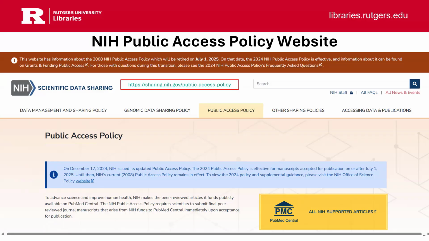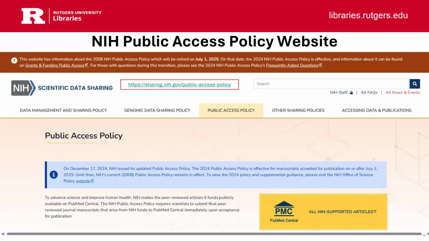The website states clearly that right now it still has the information for the 2008 policy. So don't follow that. Right now, through the 3 days, we are still using the 2008 policy. On July 1st, the website will be flipped to the new one. But during this period, you can read the FAQs for more detailed information on the new policy, or attend a session like this one to learn about it.